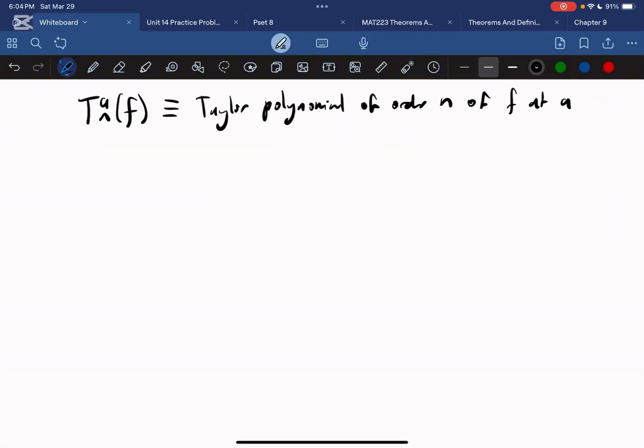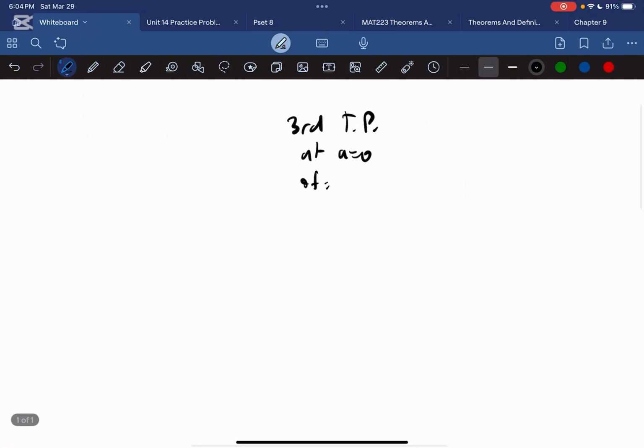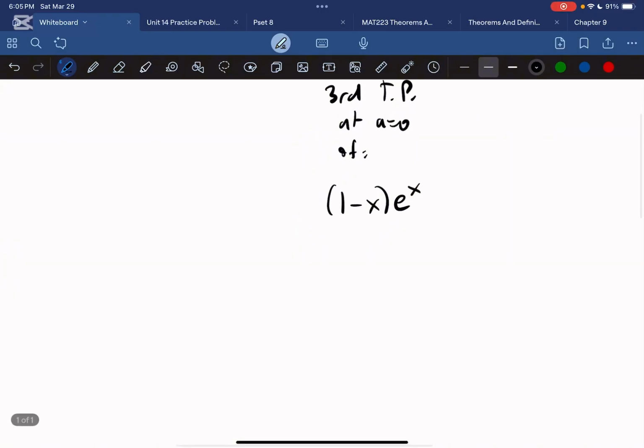The third Taylor polynomial at a equal to 0 of, let's do this function, 1 minus x, e to the x. And yeah, good luck. I'm going to do it right now, though.